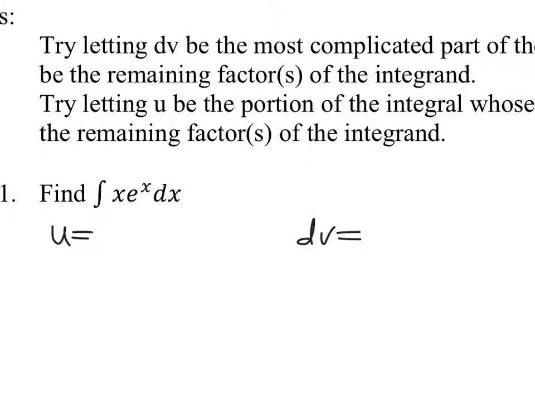Like if I were to take the derivative of e to the x, will I get a simpler function? No, because I'm getting the same exact function e to the x. Right? It will not be simpler than it was originally. All right. If I define u as x, will I get a simpler function? Yes.